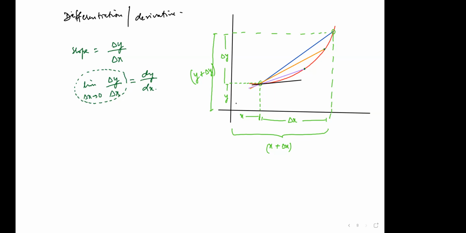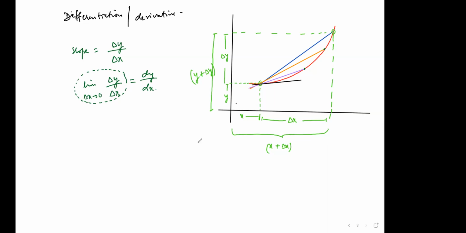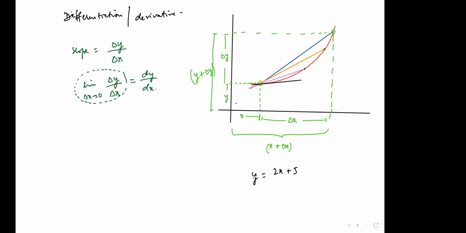So what does differentiation actually mean? It defines the rate of change of y with respect to the rate of change of x. Suppose we can write y in terms of x, like y equals 2x plus 5. So we can say y is a function of x. Here x is called the independent variable and y is called the dependent variable.